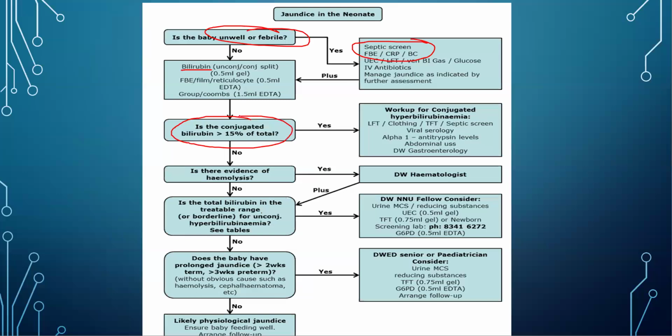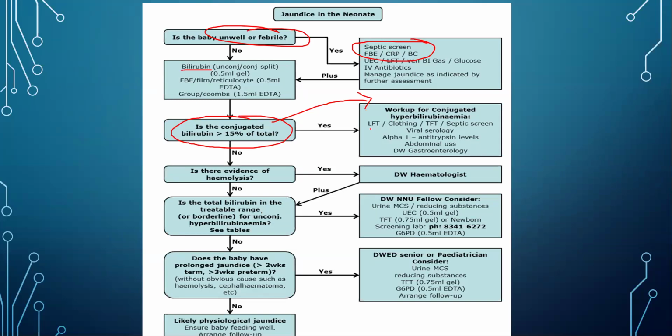If the conjugated bilirubin is more than 15% of total, this is a very important thing. If the conjugated or direct bilirubin is more than 15% of the total bilirubin, then you will think that this is a conjugated hyperbilirubinemia. At that time, you will be checking for direct hyperbilirubinemia.